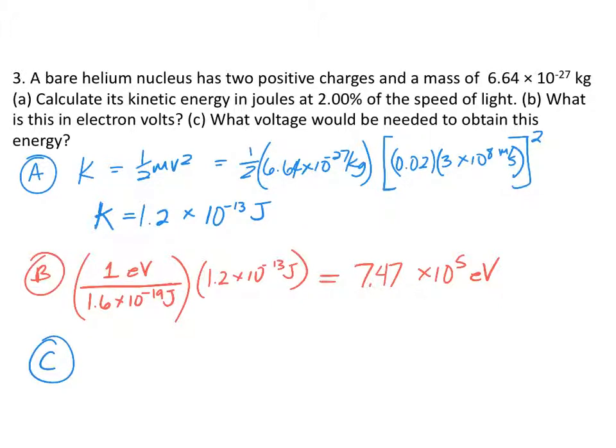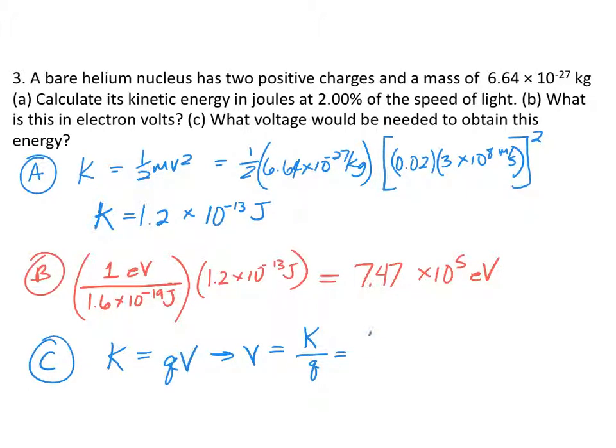All right, C. What would be needed to obtain this energy? And so, again, kinetic energy is charge times voltage. So what voltage would be needed? My voltage is going to be kinetic energy per charge.